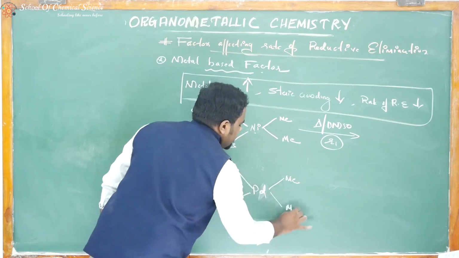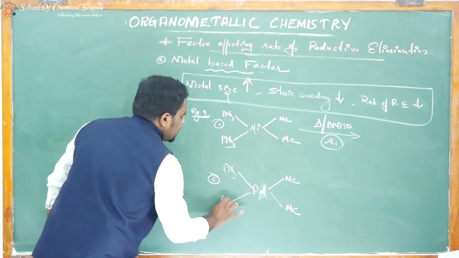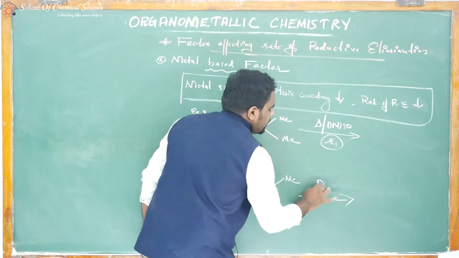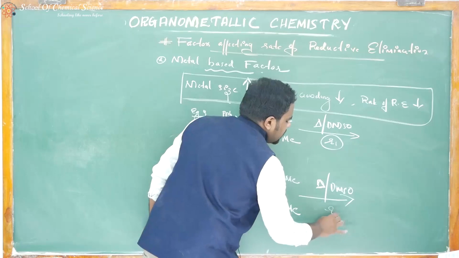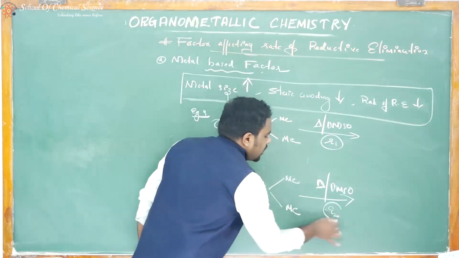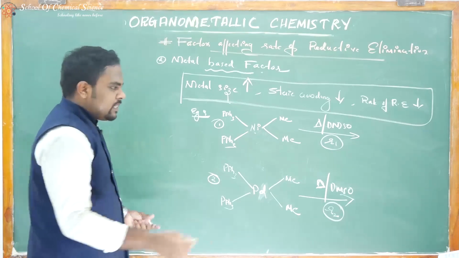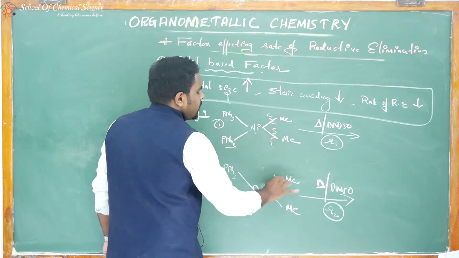Here methyl, triphenylphosphine, PPh3, triphenylphosphine, heating in the presence of a DMSO type solvent, and here rate R2. Clear? So what is the reaction? The reaction is the same. Methyl and methyl are eliminated, ethane will be your product.